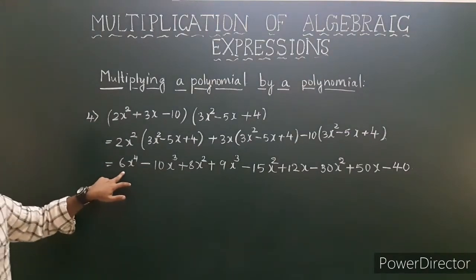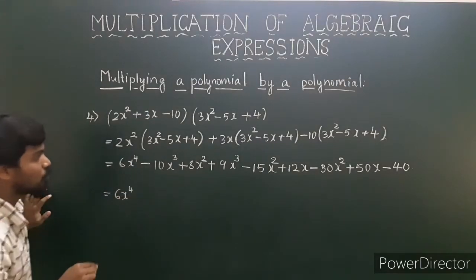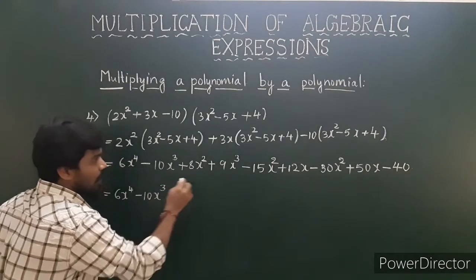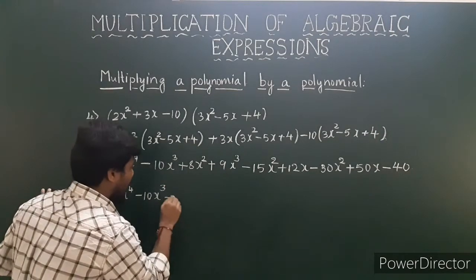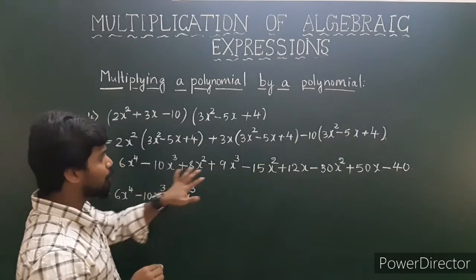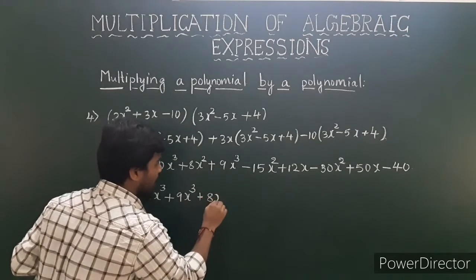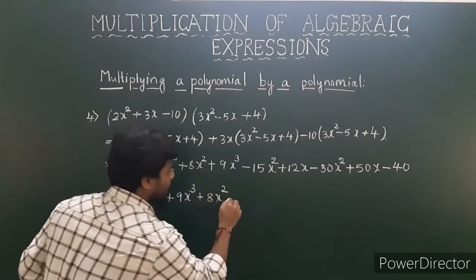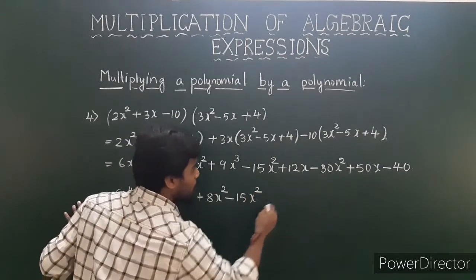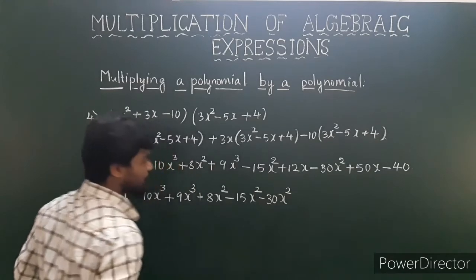We have only one 6x power 4. So write it first. So you have minus 10x to the power 3, and you have one more plus 9x power 3. So only 2. So next you take x power 2. So that is 8x to the power 2, and minus 50x to the power 2, and one more minus 30x to the power 2.